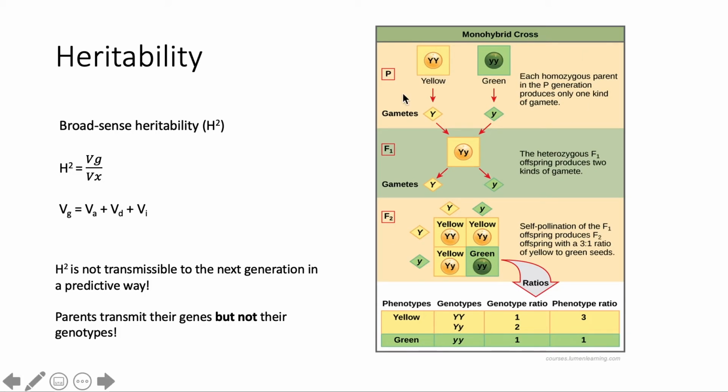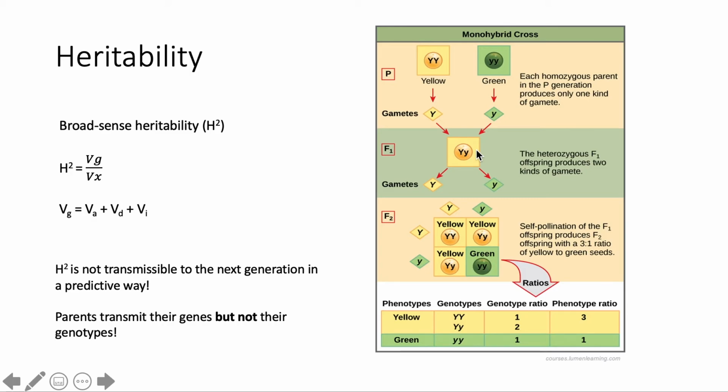For example, here I'm crossing one yellow line with a green line. The yellow line produces just one kind of gamete because it is homozygous, a big Y gamete, and the green one produces the small y gamete. The heterozygous lines are yellow, which means that the big Y is dominant, and all the heterozygous lines are going to present the yellow phenotype.